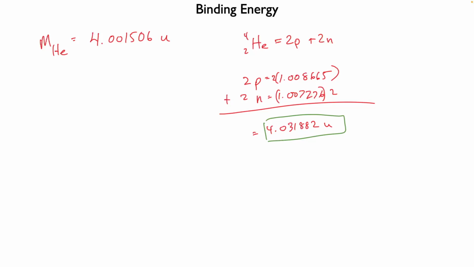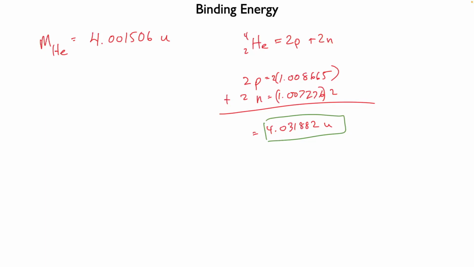And the binding energy is the difference between these two masses. I know that sounded weird. The binding energy is the difference in the masses. But when it comes to nuclear physics, energy and mass, same thing. E equals mc squared. Just arguing about speed of light squared, big deal.